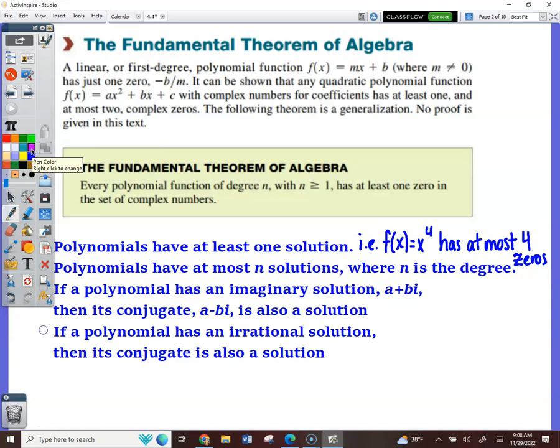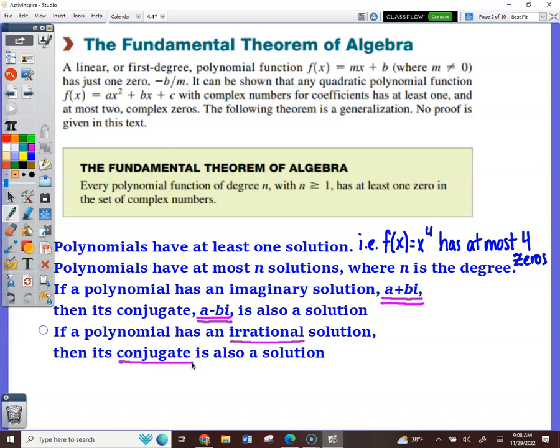Here's the new part for today. You've got to get comfortable with imaginary numbers and radicals. If I tell you that a plus bi is a 0, then you need to be able to say, oh, then its conjugate is also 0, where you change the sign of the imaginary part. If I tell you that an irrational solution is 0, then its conjugate is also 0.